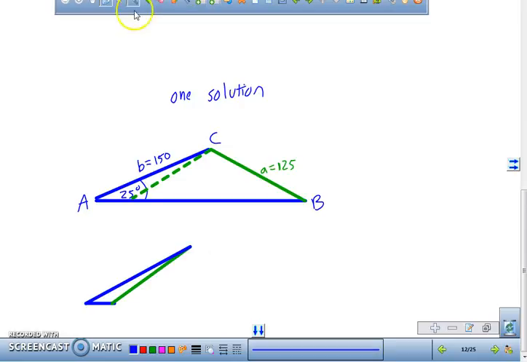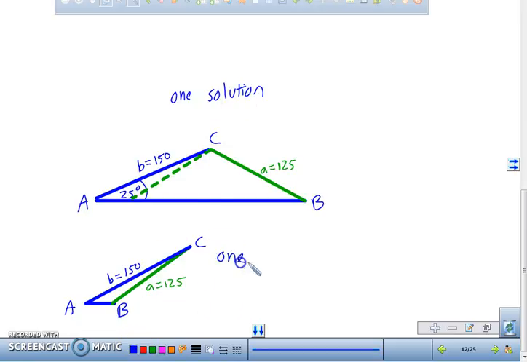All right. There's angle A. This is angle C. This is angle B. What stays the same? The B is still 150. The lowercase a is still 125. But do you see there's two totally, distinctly different triangles? That's why this is the other solution. This is one solution.